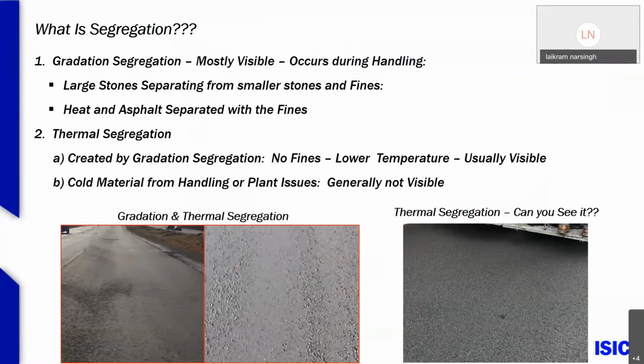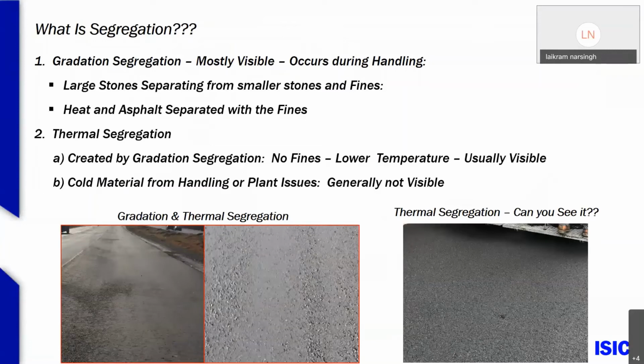We could also have thermal segregation from cold material, whether we sit too long at one spot, the mix gets cold in the auger chamber, or we leave a large amount of material in the hopper insert and it sat for a long period of time. That material will get cold also. We can also have plant issues. So pure thermal segregation is mostly not quite visible. There are times, depending on how cold it is, it will drag behind the screed, so you can see some difference in the surface texture of the pavement.